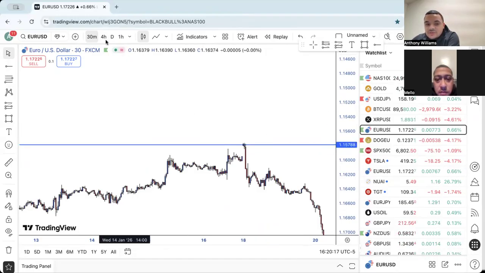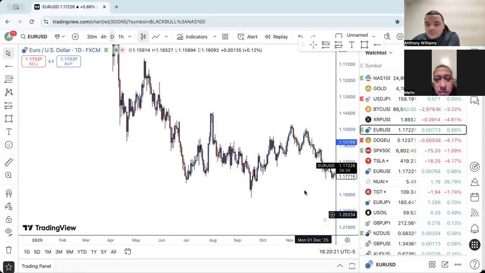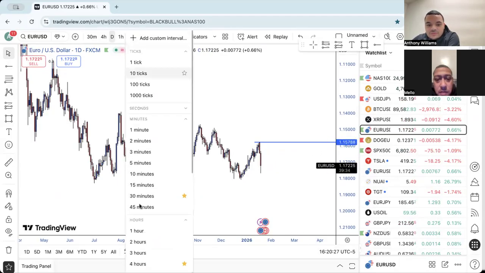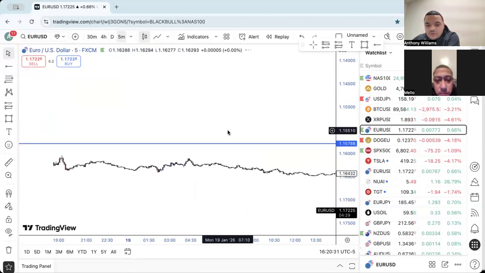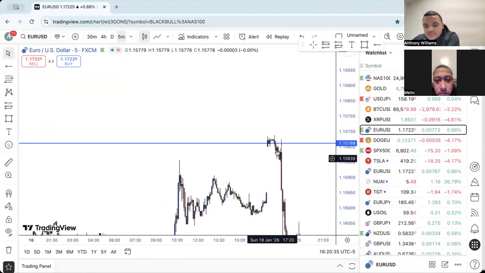It doesn't matter if we're on the 4 hour or the daily. When the candlesticks come up to this price, even if we go down to the 5 minute, if you want to be on scalping trades, we're still at this price.